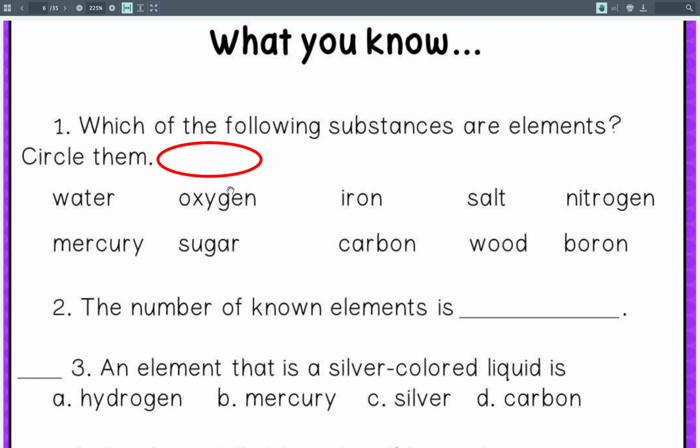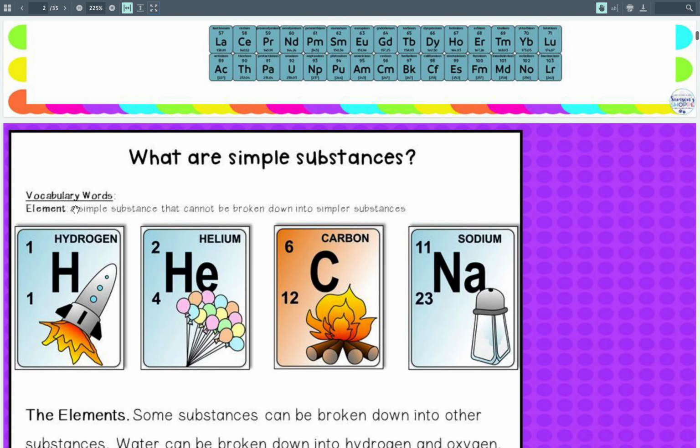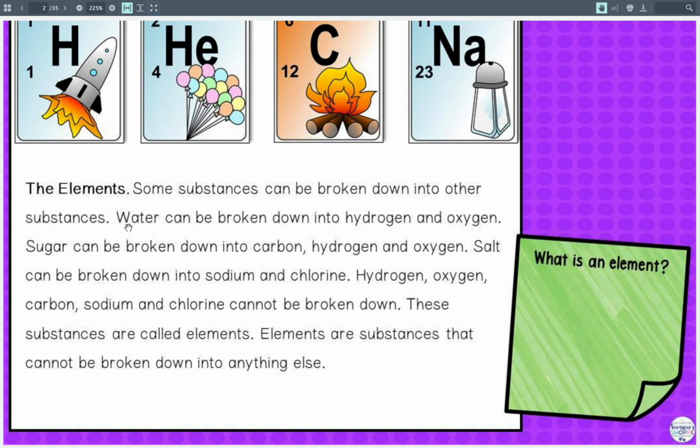So if you're having a hard time thinking about whether some of these things are substances, things made, or if they are elements or things made of elements, you can just go back. So if you go back to the very first slide, remember we read that water can be broken down into hydrogen and oxygen.